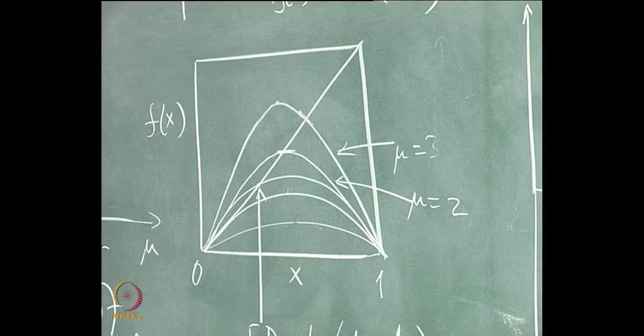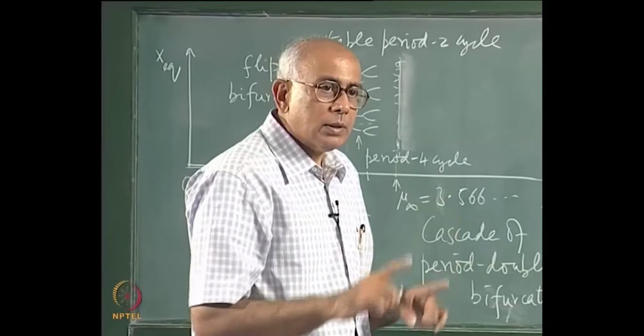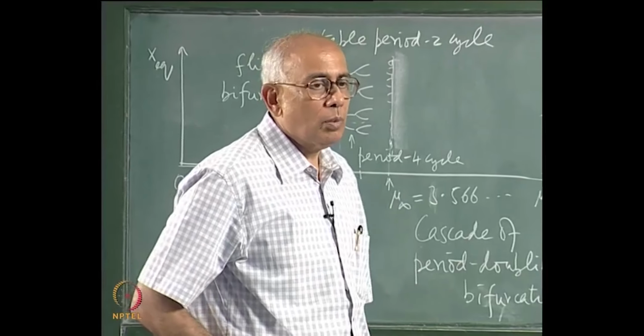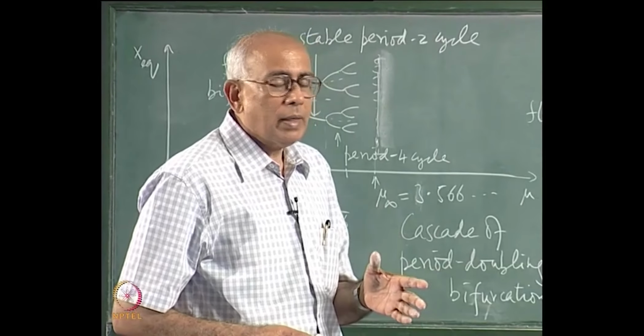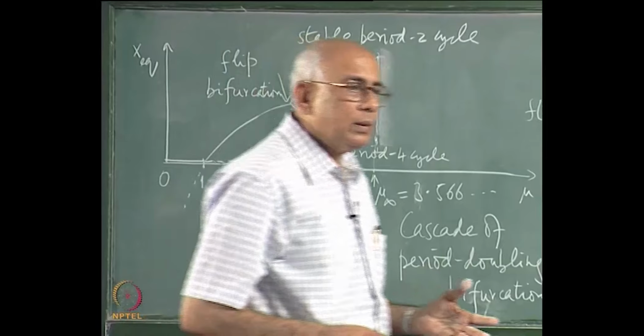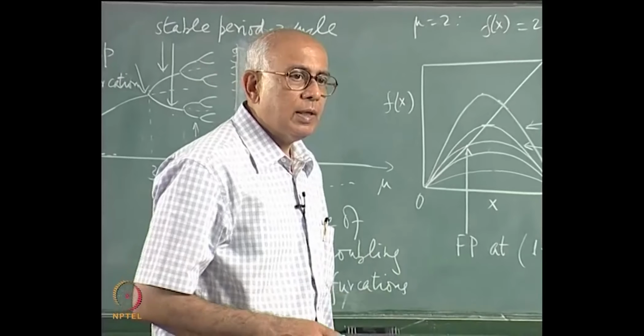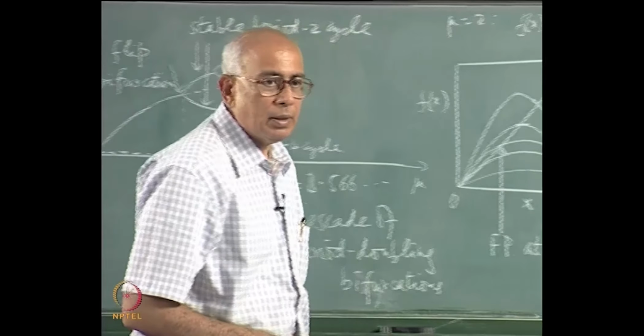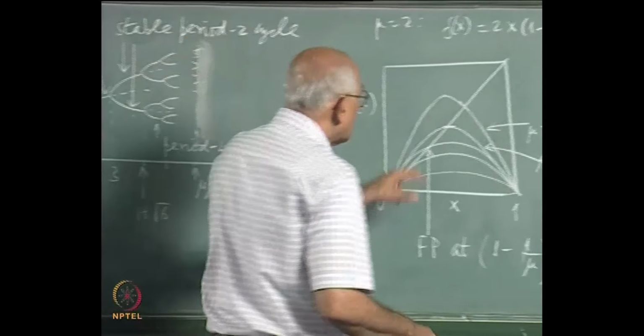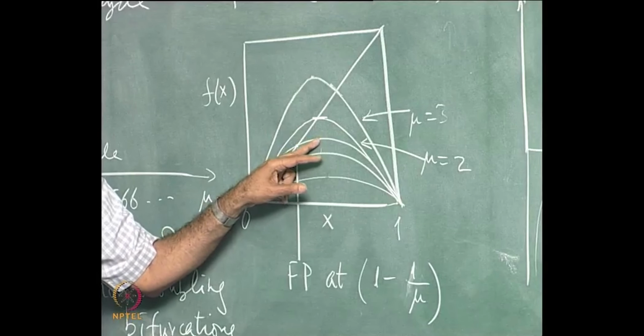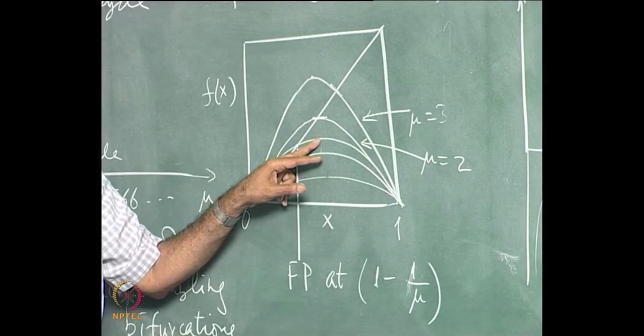Remember that the stability of a fixed point was determined by the modulus of the slope at that point. If that slope was less than 1 in magnitude, then we said it was stable, and if it was greater than 1 it was unstable, equal to 1 it was marginally stable, but at mu equal to 2 the slope here is 0, and that is the least value the mod of this slope can take.